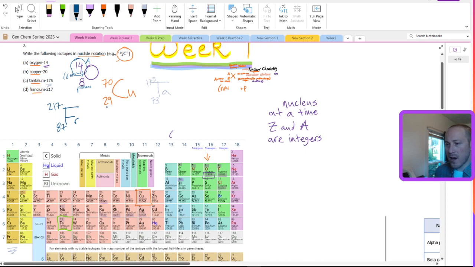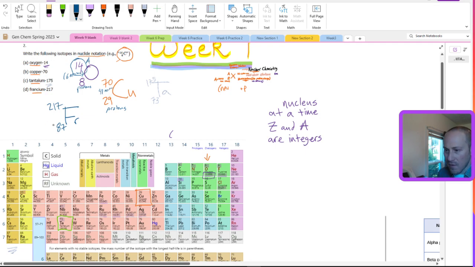With copper, we have 29 protons. So that means we must have 41 neutrons, because 29 plus 41 equals 70.